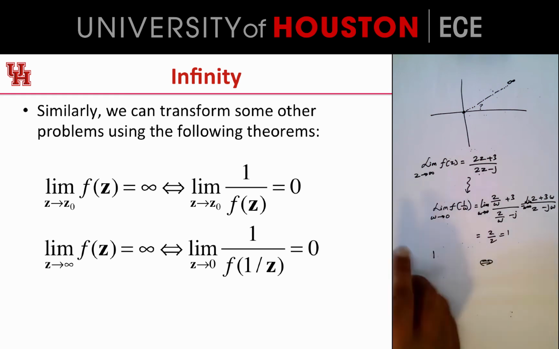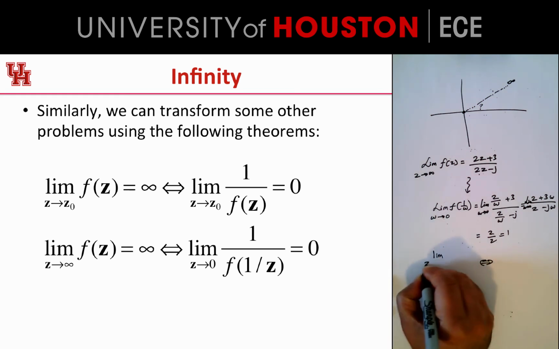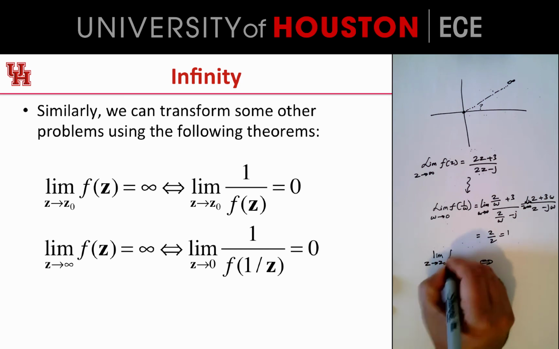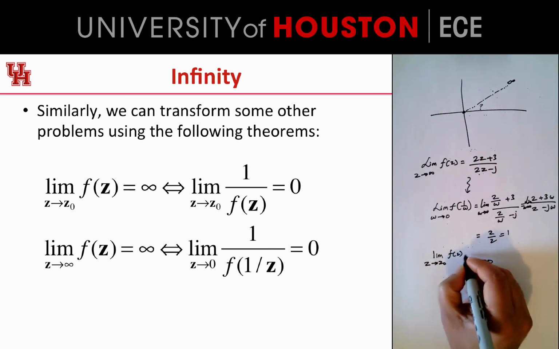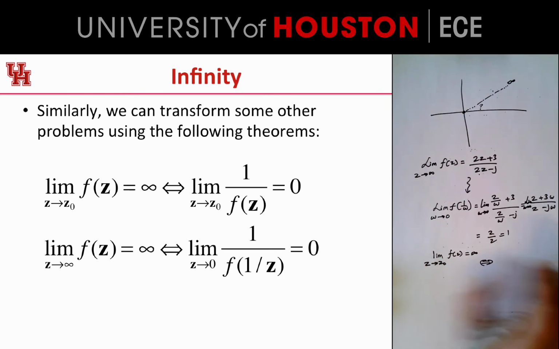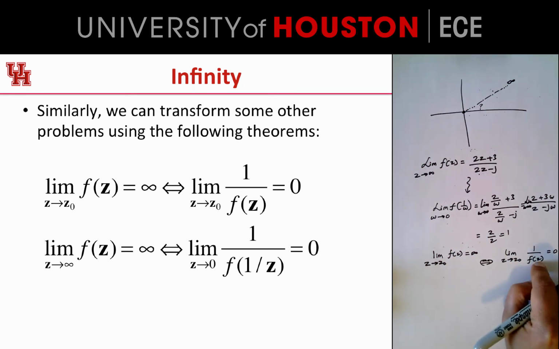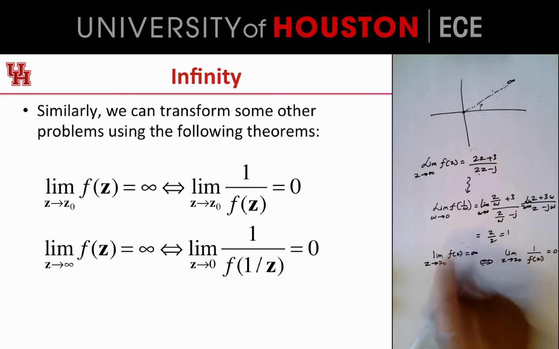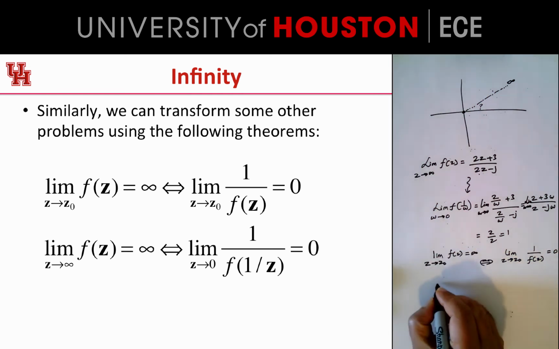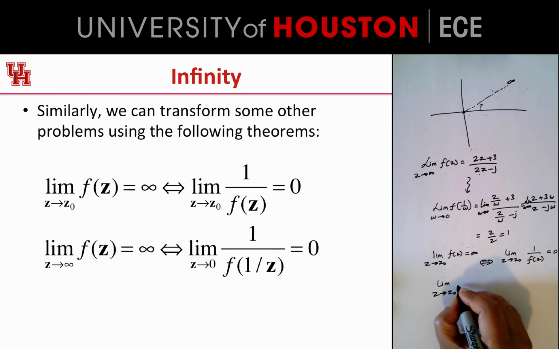So suppose you have the limit as z goes to z naught of f of z, and suppose this happens to be infinity, then this problem is identical to this other problem where you have the limit as z goes to z naught of 1 over f of z being 0. So if you're asked to prove this is true, you can just say, yeah, because of this theorem, this is true.